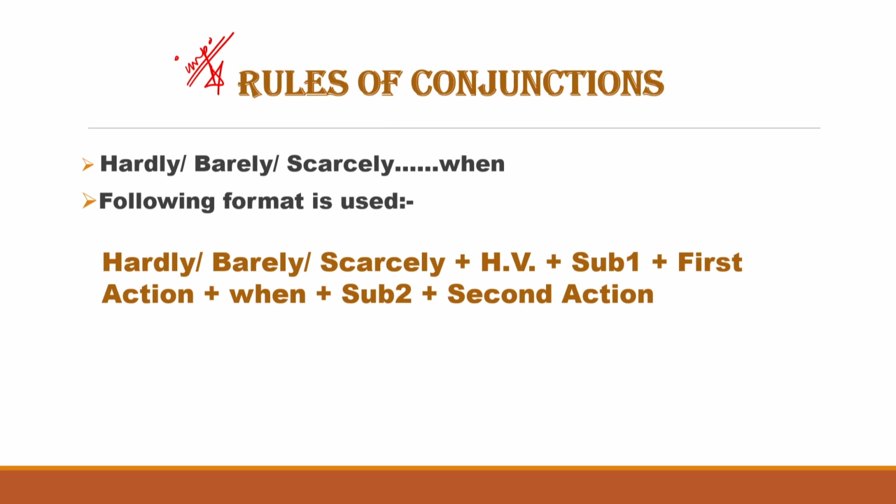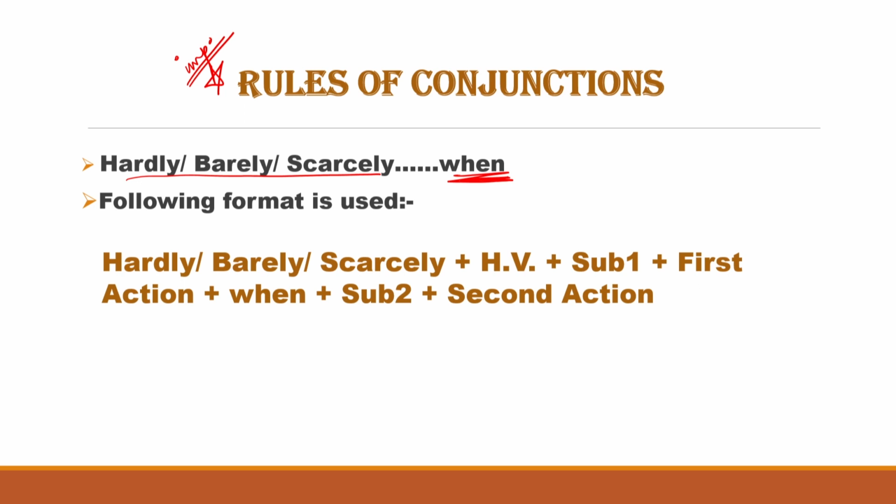These are your correlative conjunctions, hence they would always be used in pairs. Thus, hardly, barely, scarcely is always used with when. They are used when there is a short time gap between two tasks.